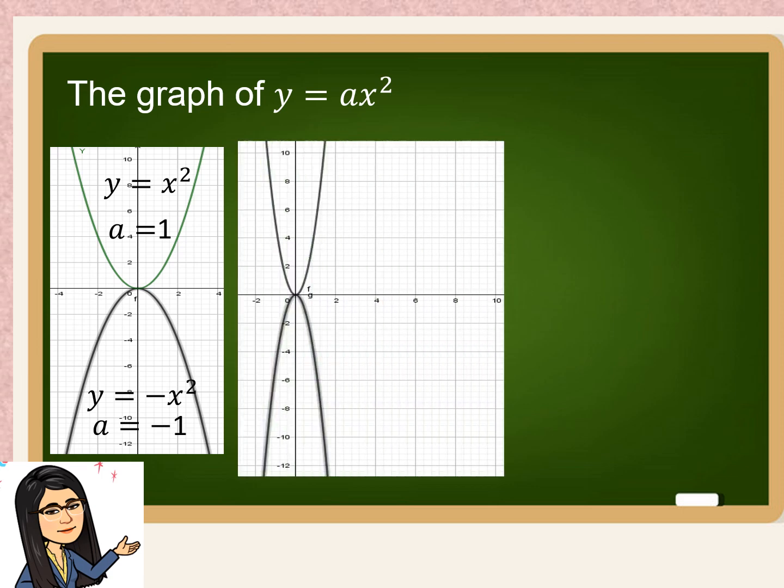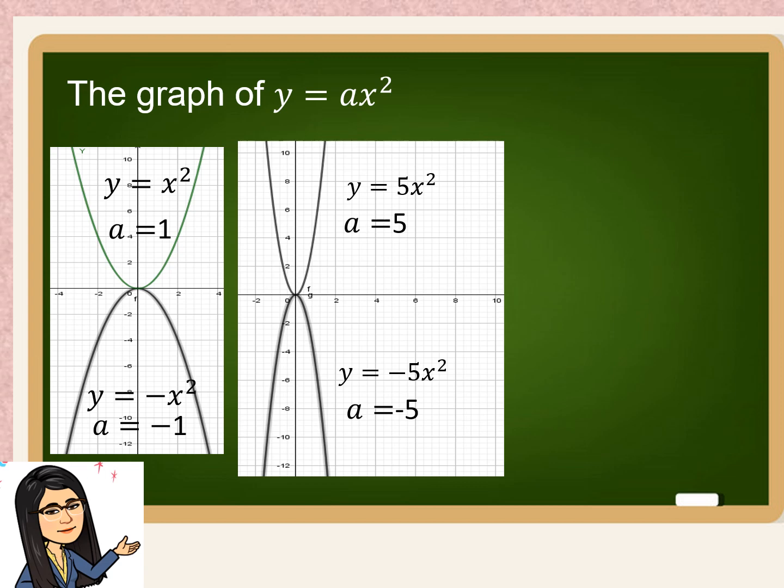Let us have another graph. The one that opens upward is 5x squared. Its a value is 5. While the graph that opens downward is negative 5x squared, where the value of a is negative 5.